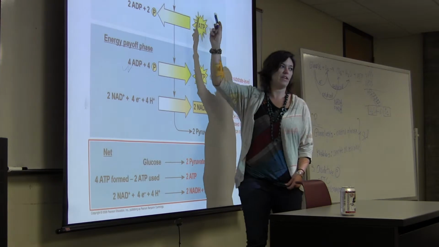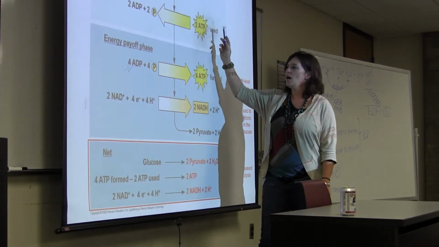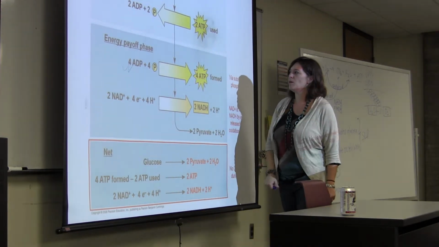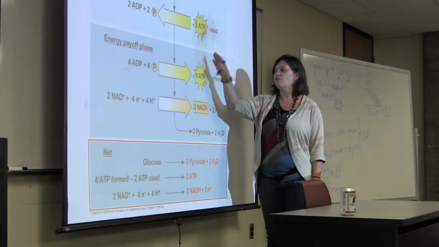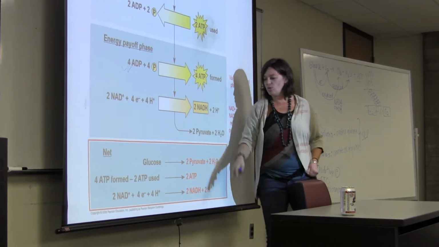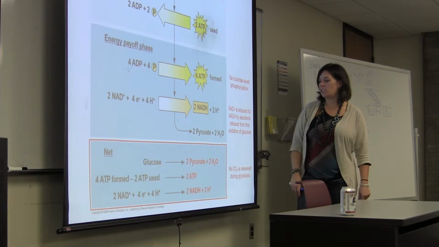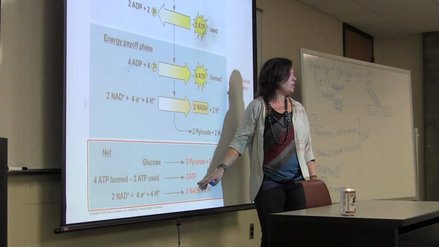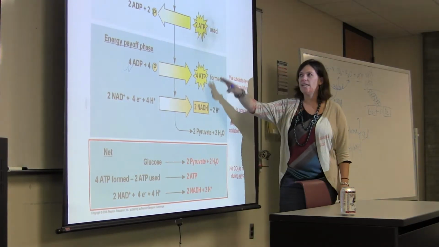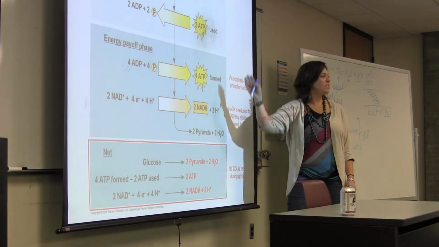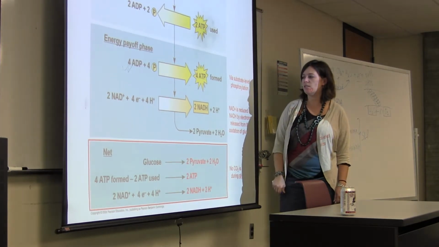This is the investment phase, so investing energy. After that, you end up creating 4 more ATP. So the net product is going to be 2 ATP molecules. And again, this ATP is being made by this substrate level phosphorylation mechanism.